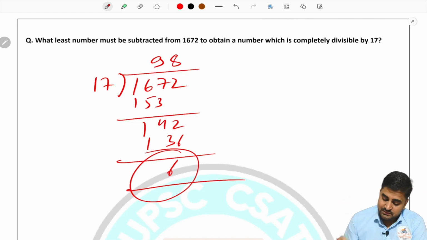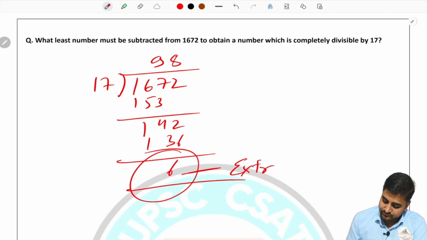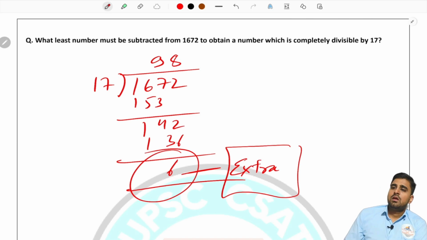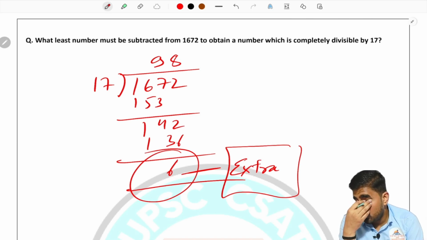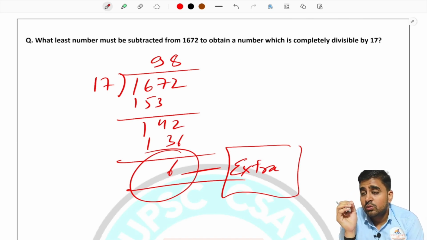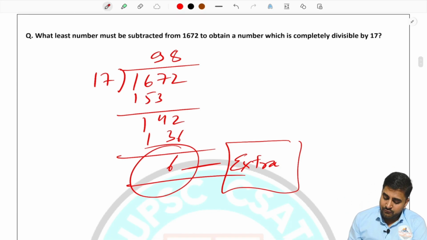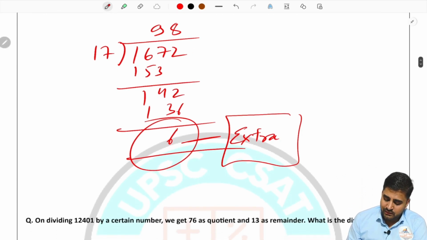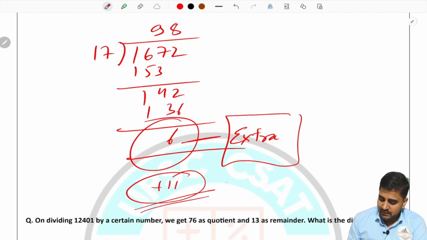So 6 is a number which is extra. If the question asks what should be added, then you have to make this 6 to 17, so you add 11, and your answer becomes 11.